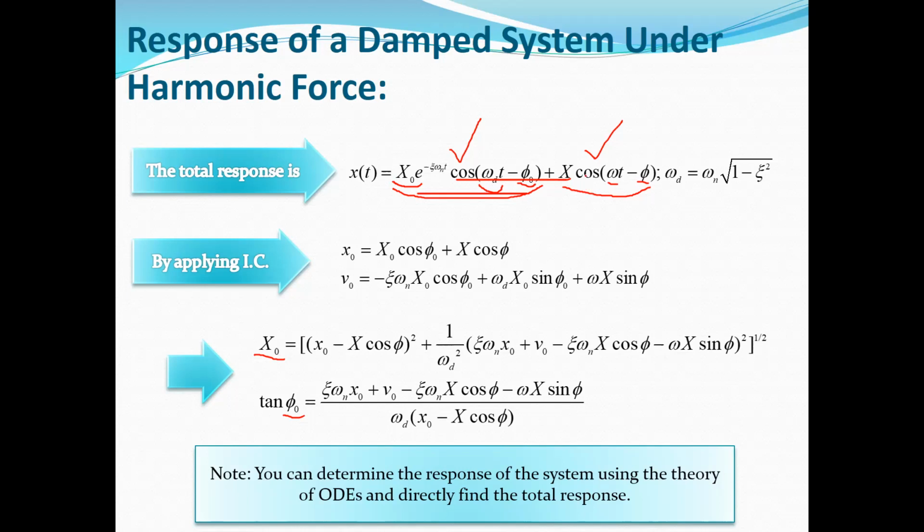And we can consider C1 cosine omega t plus C2 sine omega t, and then we can plug into the main equation and obtain the numerical values for C1 and C2, the coefficients of cosine omega t and sine omega t. Or we can consider it in only a cosine function or sine function. So it's up to you which method you prefer, and then you can solve the equation of motion.